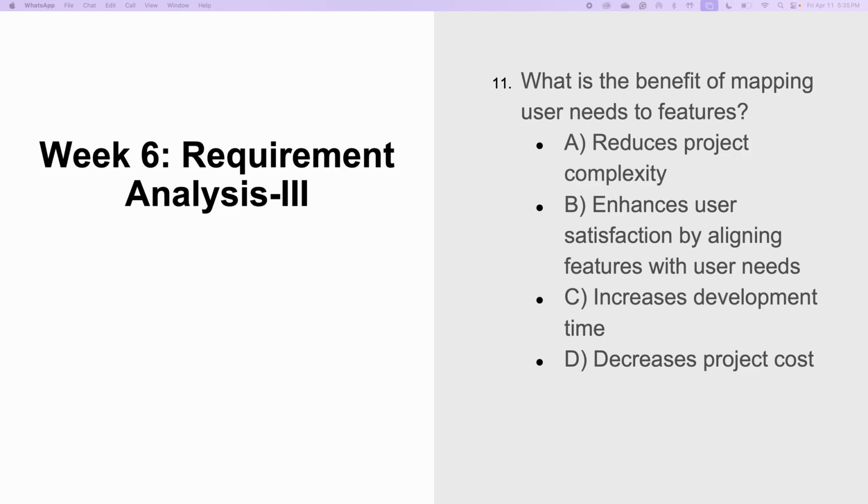That could occur if not done efficiently, a bit like trying to cook a meal without the right ingredients. And decreased project cost is not directly related to mapping user needs to features. It's like trying to save money by using cheaper ingredients in a gourmet dish.